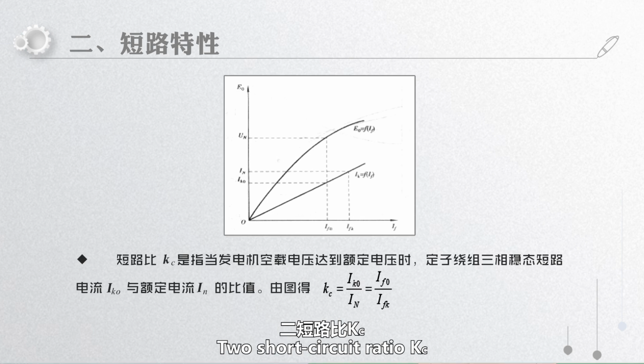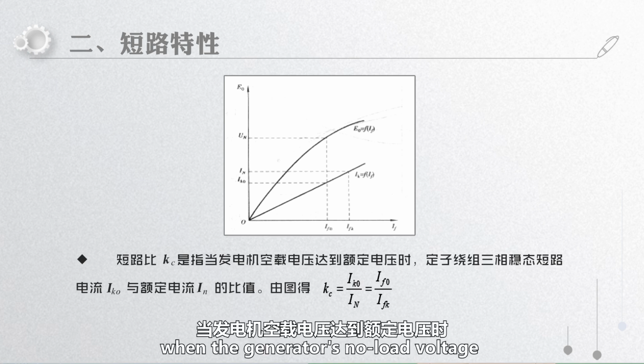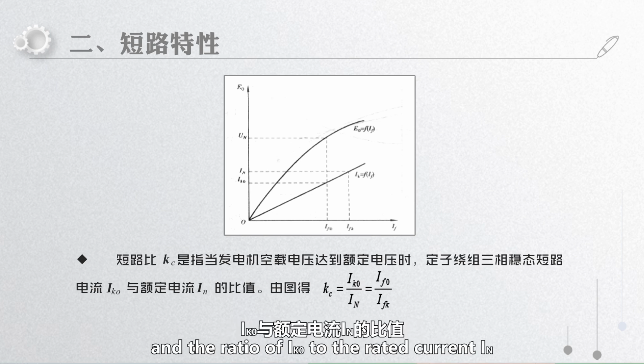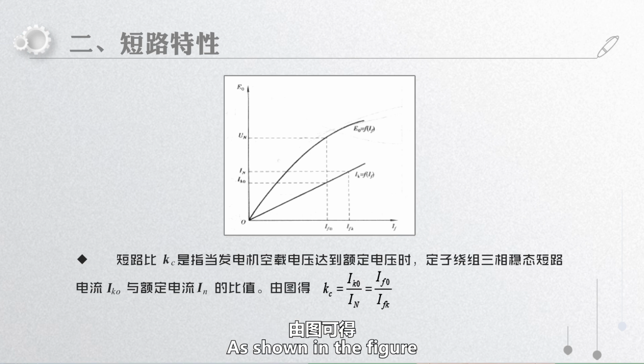Short circuit ratio Kc. The short circuit ratio refers to when the generator's no-load voltage reaches the rated voltage, the steady-state short-circuit current IK0 of the stator winding in 3 phases, and the ratio of IK0 to the rated current IN, as shown in the figure.